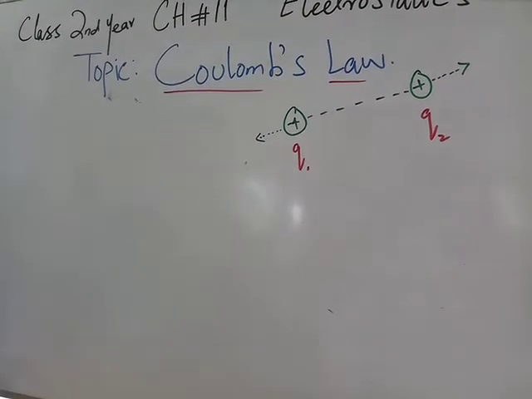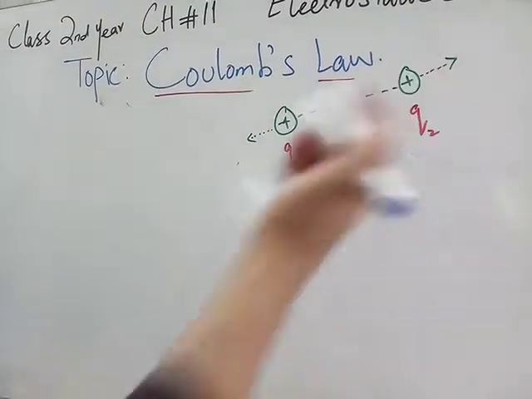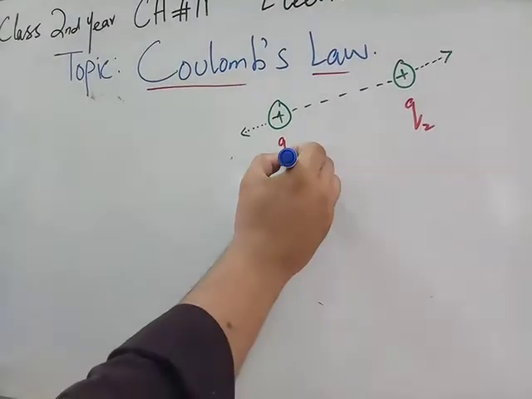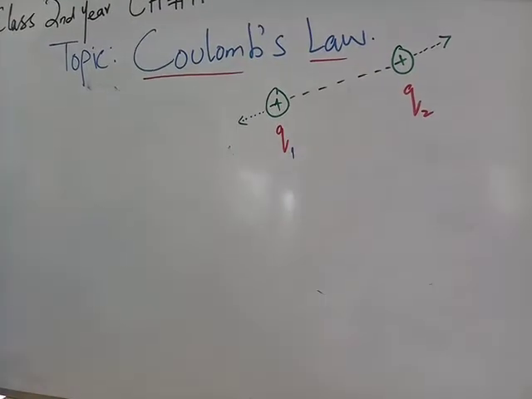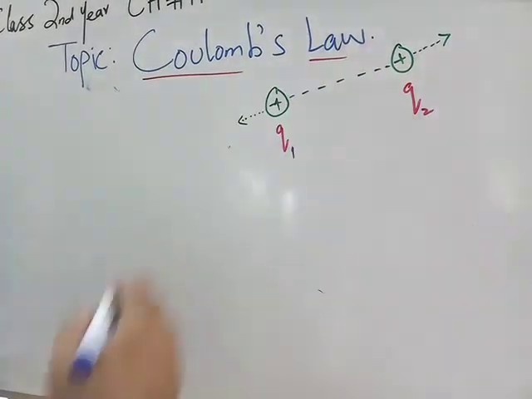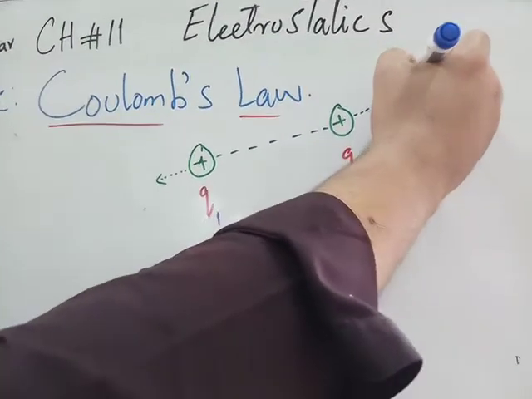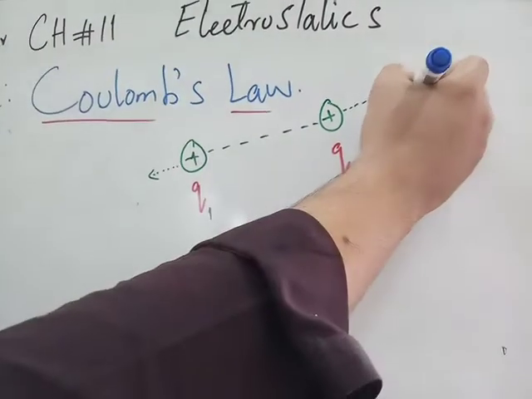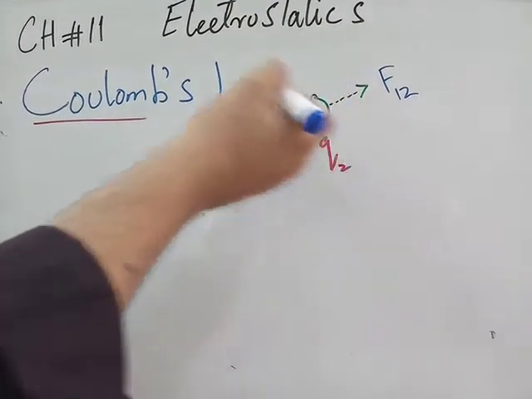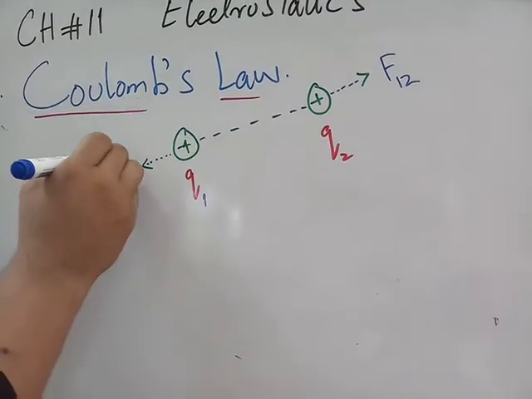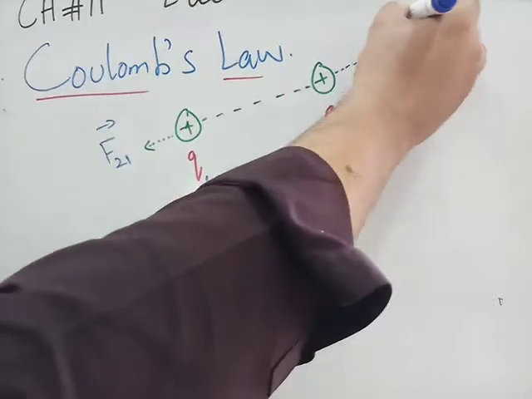He said that if we have two like charges, like two positive charges, one named Q1 and the other named Q2, and these two are point charges, they both repel each other. It means Q1 repels Q2, and we denote this by a force F12, and if Q2 repels Q1, we denote this by a force F21. Force is a vector quantity.